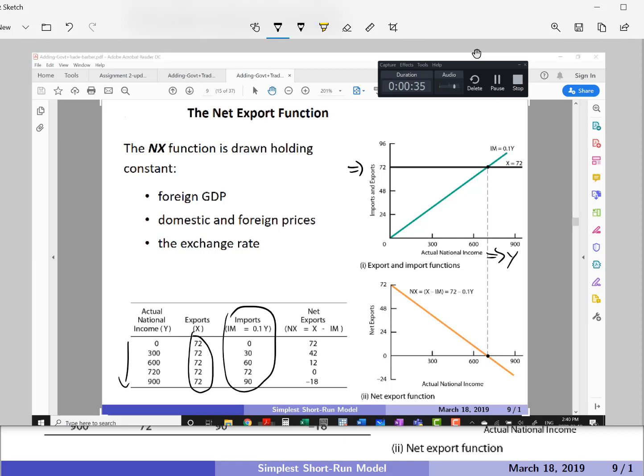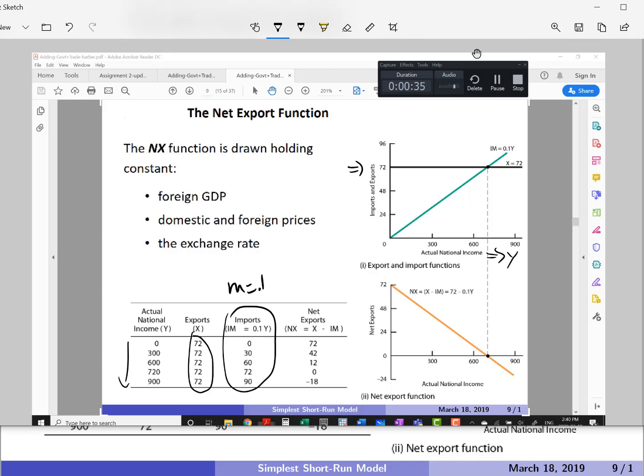Basically what this means is we made this assumption that m equals 0.1. So as actual national income, or y, goes up by $1, we're spending 10 cents on imported goods. And as we increase y in this first column, we see that 0.1 times y is going up.